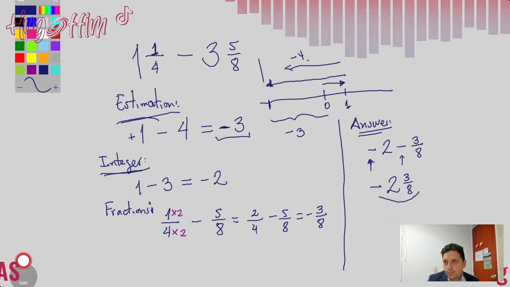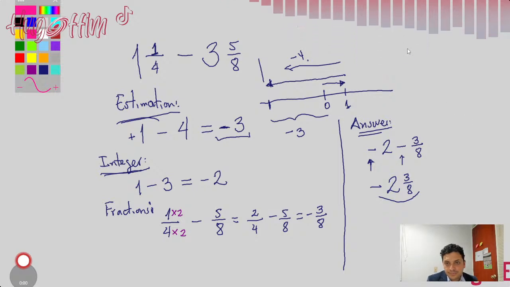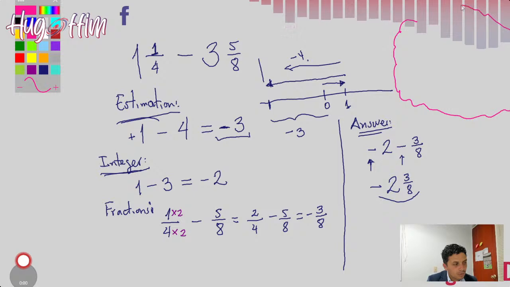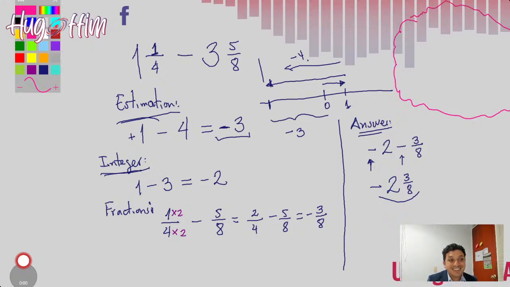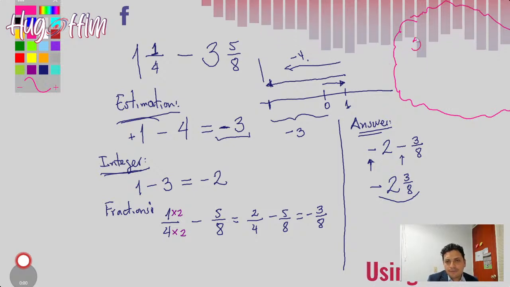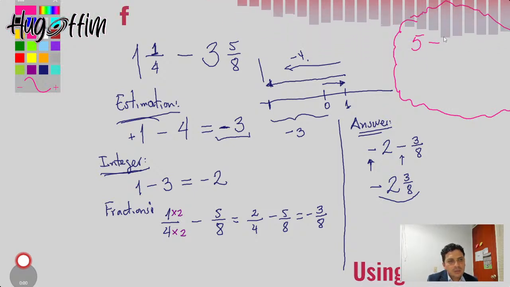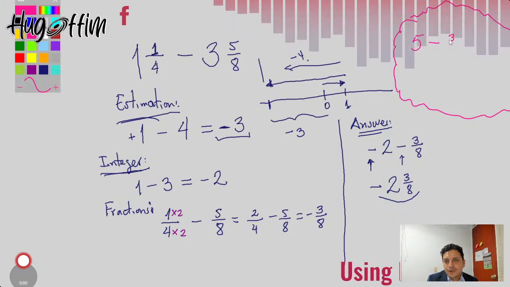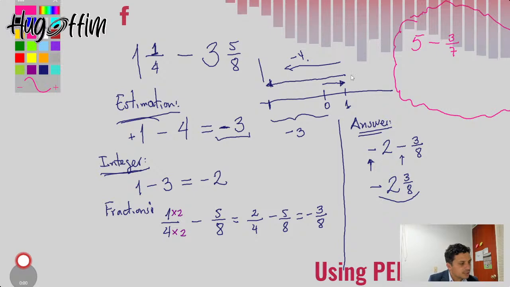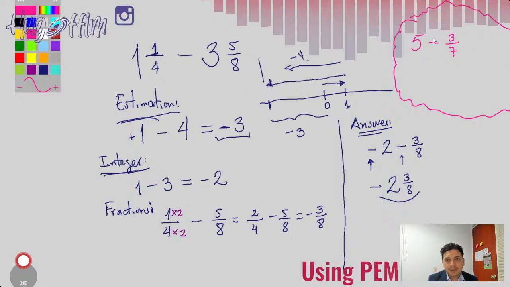But what will happen if you have, let's put it here in another color, what would happen if at the end of your operations you got 5 minus, let's say, 3/7? Let's say that you work it out, and you get this answer, 5 minus 3/7.